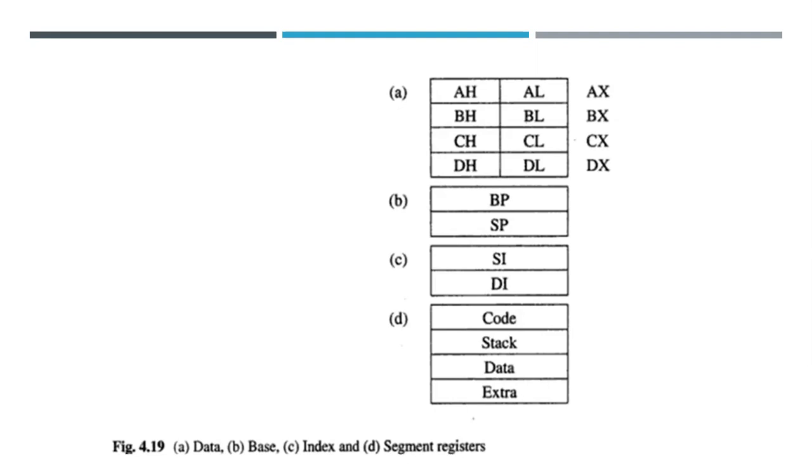Then we have segment registers: code, stack, data and extra. Code is fixed, stack depends and can be changed during the program. Then data, whatever data is required to execute a program. And at last, extra space required for the execution of the program. So this is the architecture of registers, base pointers, index registers and segment registers: AX, BX, CX, DX, BP, SP, SI, DI, code, stack, data and extra.